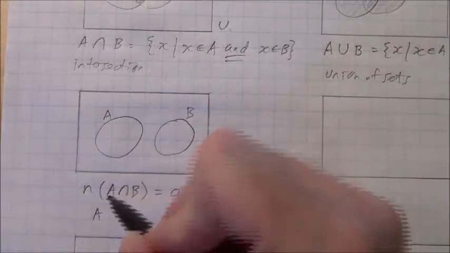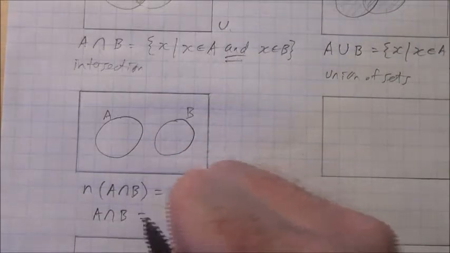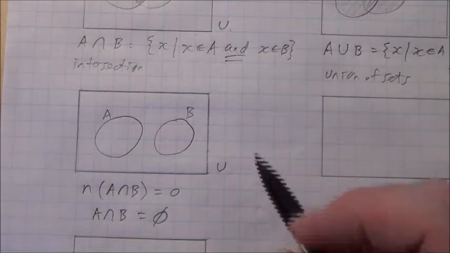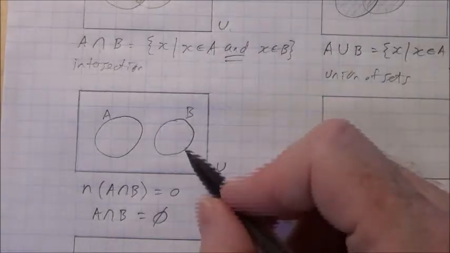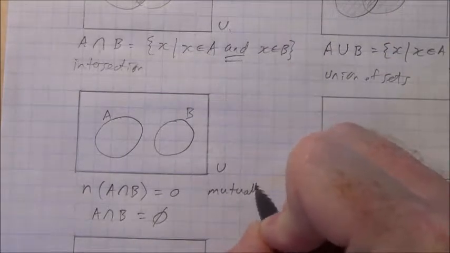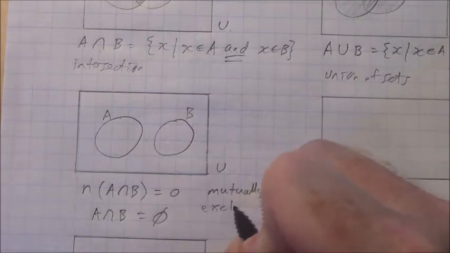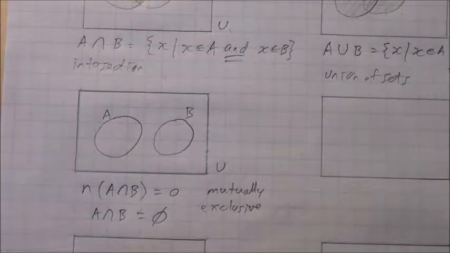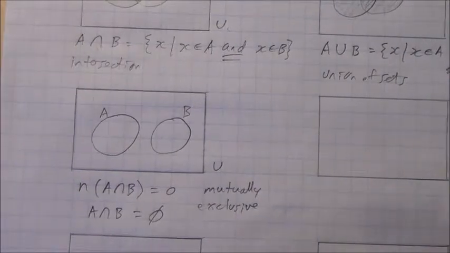We can also say that the intersection of A and B is the null set, or the empty set. It is also said that these two sets are mutually exclusive. That's just a way to describe two sets that have nothing in common.